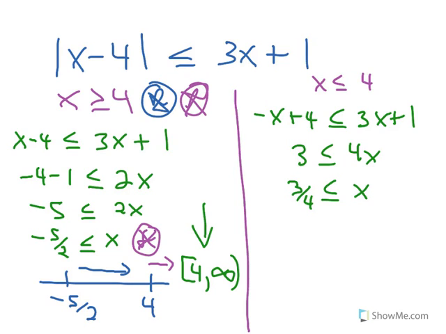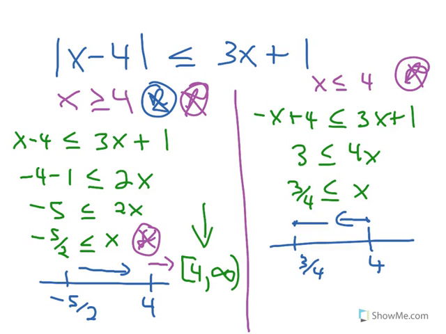If we think about this on the number line, we started with x being less than 4, so that was our first criteria up here. And then we said x is greater than 3 over 4. If we put 3 over 4 on the number line, x being greater than it, that's this way.